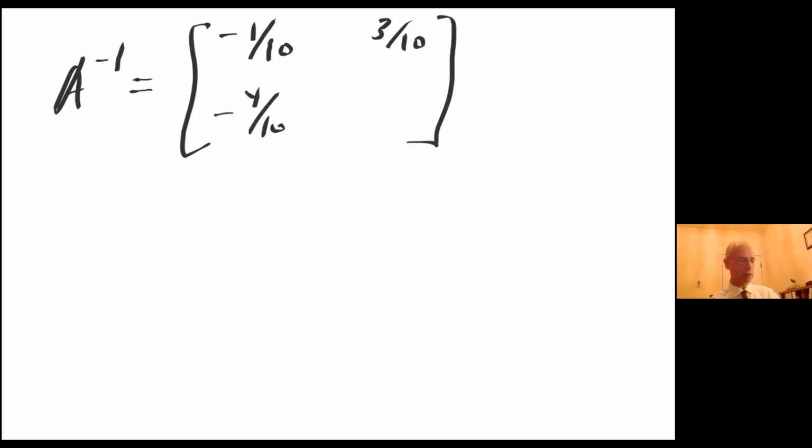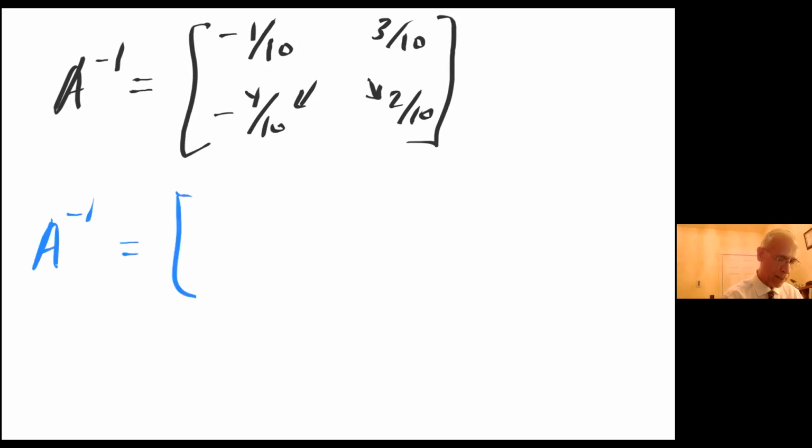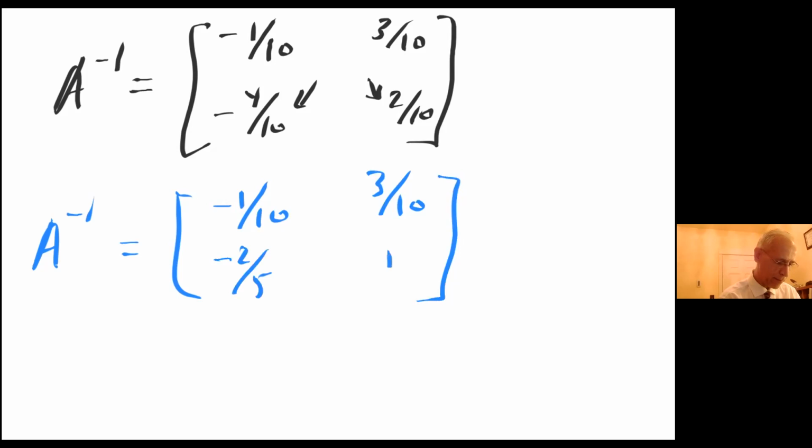And 1 over 10 times 2 is 2 over 10. And I'm going to simplify, reduce this 2. So A inverse equals -1 over 10, 3 over 10, -2/5, and 1/5. So I found A inverse.